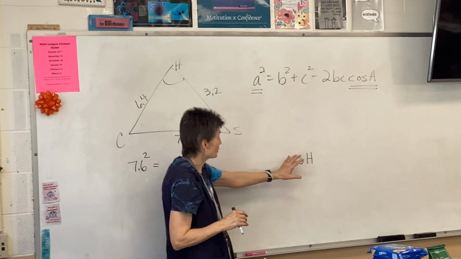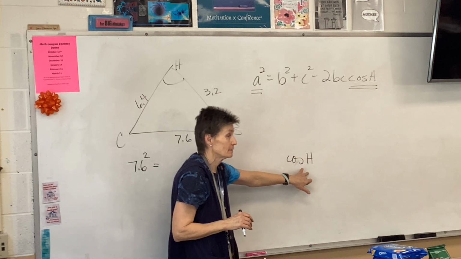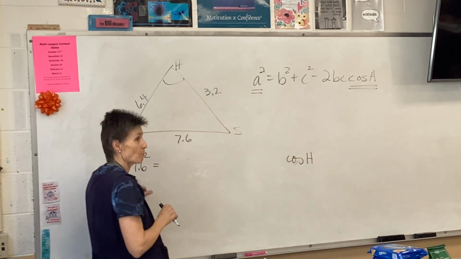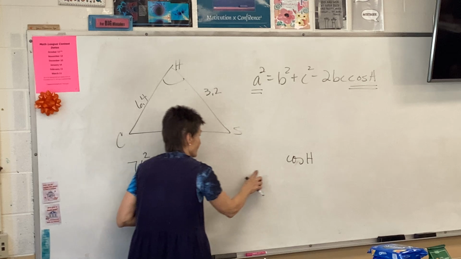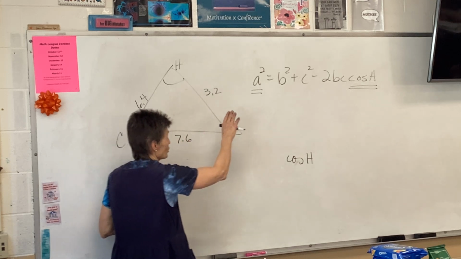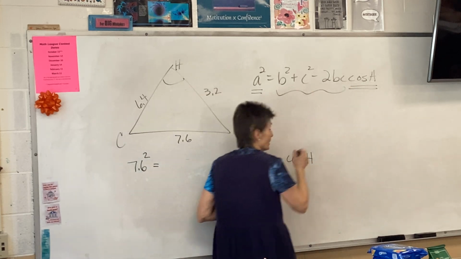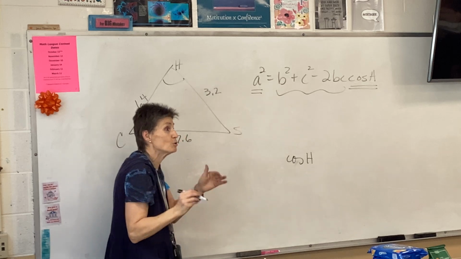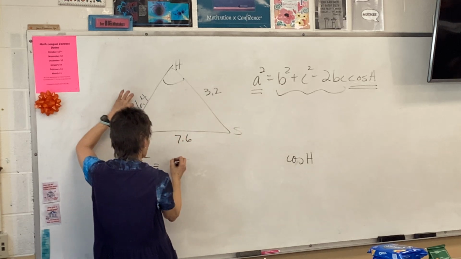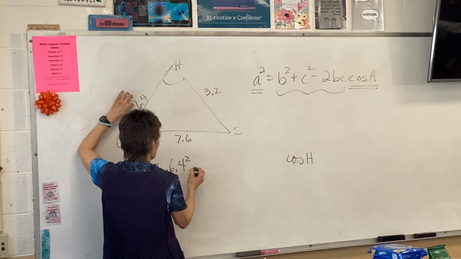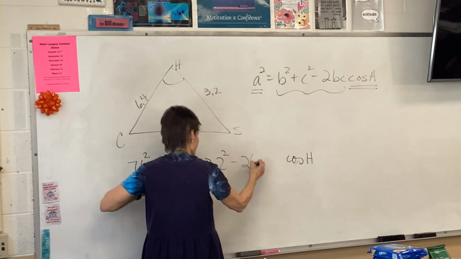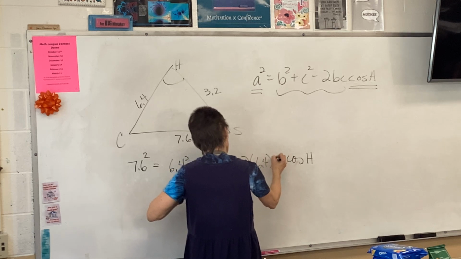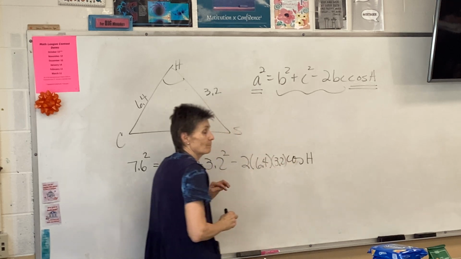If you had put cosine S, then you would have 6.4 here. You see, guys? Okay. Now, what's in the middle? Well, in the middle is just this combination of the other two sides. So I'm gonna have 6.4 squared plus 3.2 squared minus 2, 6.4, 3.2.